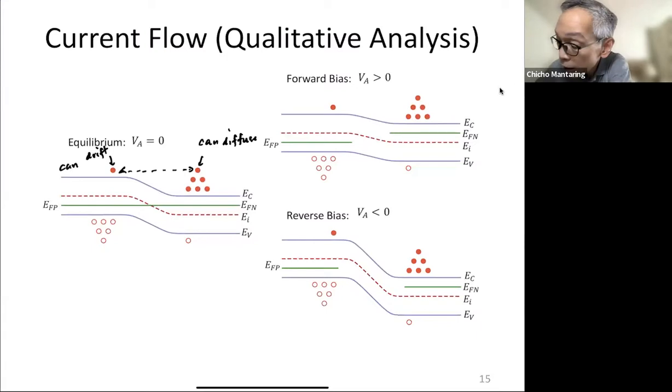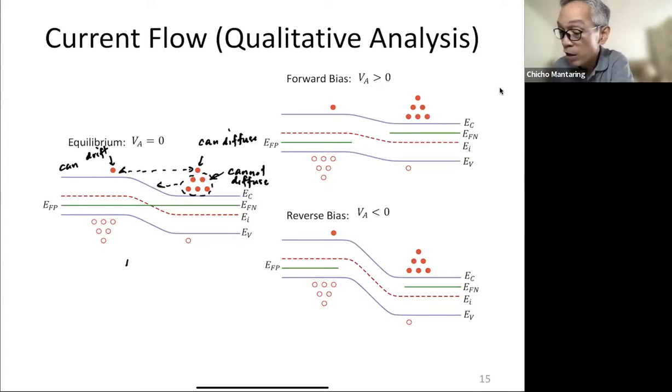On the other hand, if I take a look at these electrons here, they cannot diffuse. Why can't they diffuse? If they try to go to the left to diffuse, at this point they will see that to occupy the left side, they have to have greater than this amount of energy. So this forms an energy barrier.